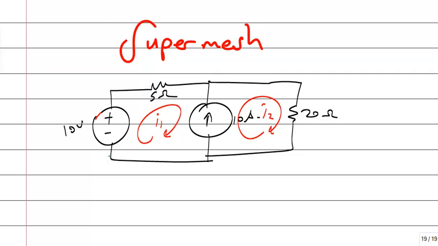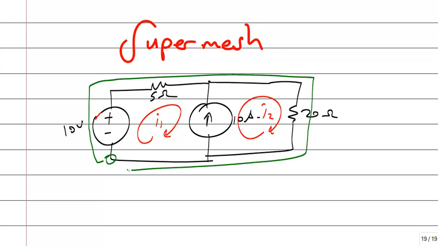Look, start from here and follow this path. Okay? That's a loop. You can write a KVL, no problem. Let's write. There is a voltage increase. Plus 10. Continue. There is a voltage drop. 5 I1. Continue. Minus 20 I2. There is a voltage drop. Continue is 0. One equation.